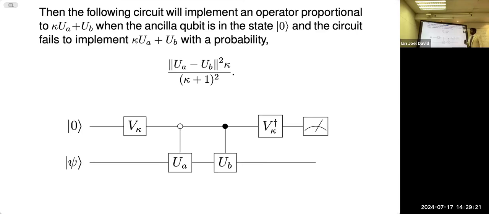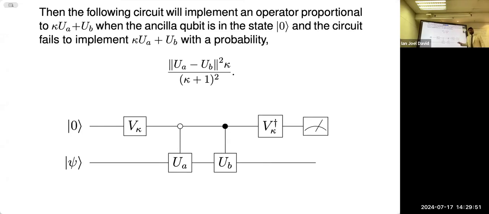And then we post-select our output state whenever the ancilla is in the state 0. So whenever the ancilla is in the state 0, we will get back precisely this linear combination acting on psi with some prefactor. And when you take the probability, or the absolute value squared of that amplitude, you will get the probability of success. However, there is also a chance that this state here is in the state 1.